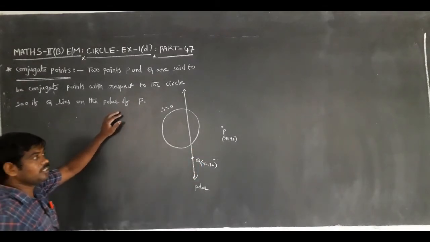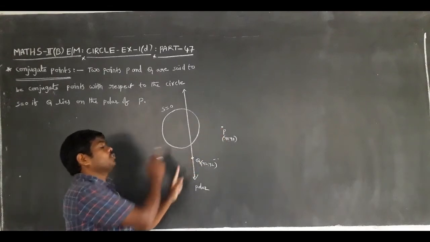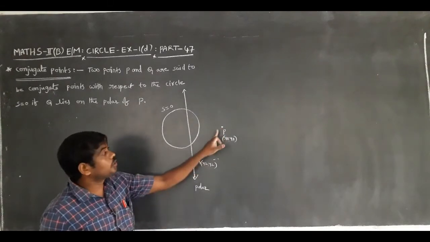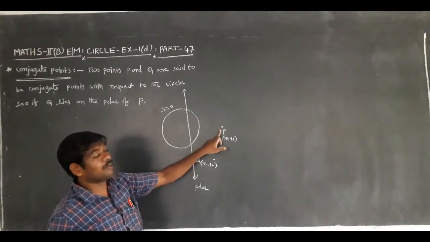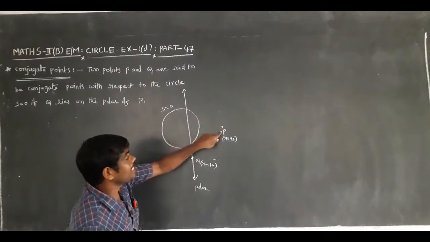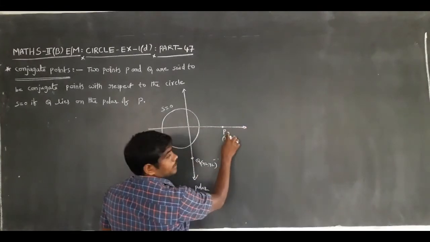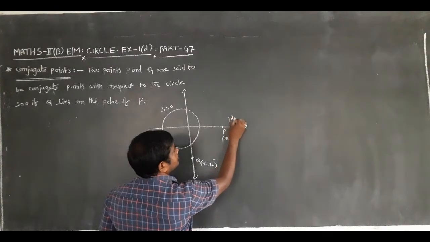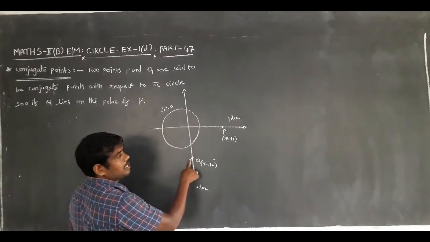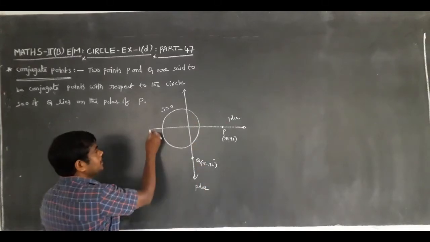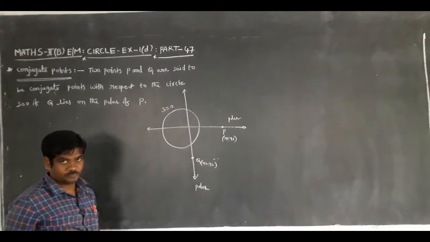Observe here, P lies on the polar of Q. Q lies on the polar of P. P lies on the polar of Q. So here P, Q are conjugate points.